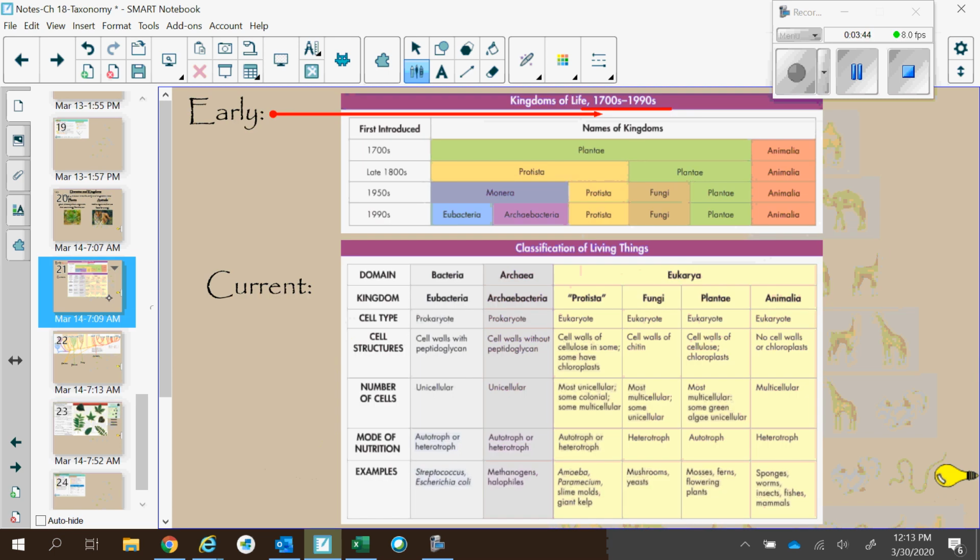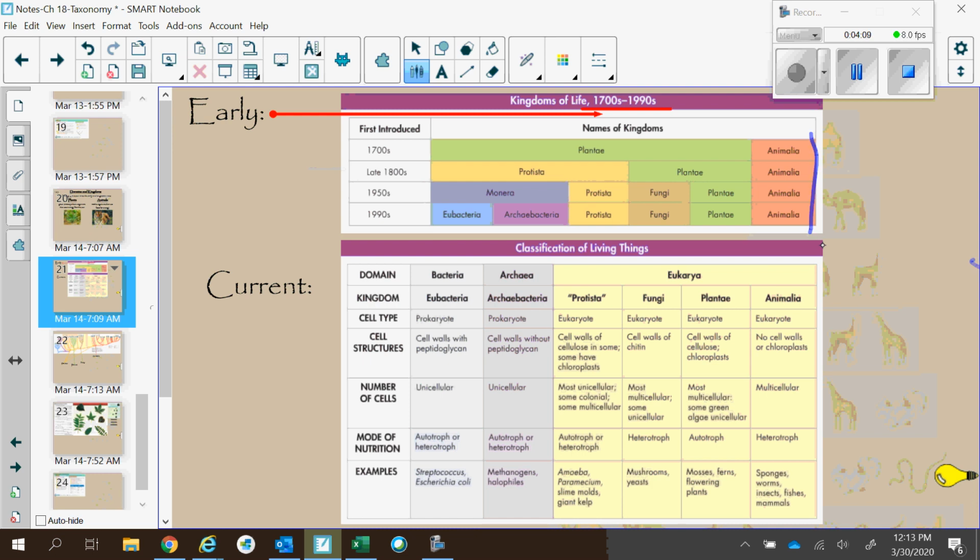Okay, so looking at this, in the 1700s, Linnaeus's time, plants and animal kingdoms. And that's cool. In the late 1800s, we started to group all microscopic organisms into one group, plants into another, and animals into their own. Obviously, you can see that animals have a pretty consistent flow because they were more easily identified.